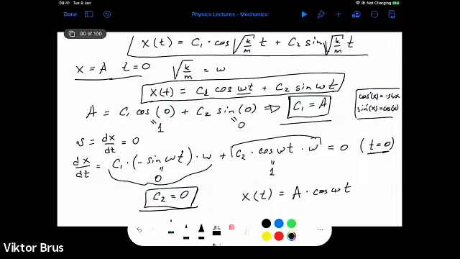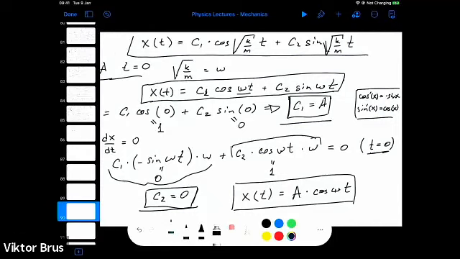And that's all, because C2 is equal to 0, so C2 sine omega t is also equal to 0. So this is the solution of our differential equation, assuming given boundary conditions, when we consider that t equal to 0 is when we stretch the spring to its maximum displacement equal to A, capital A.